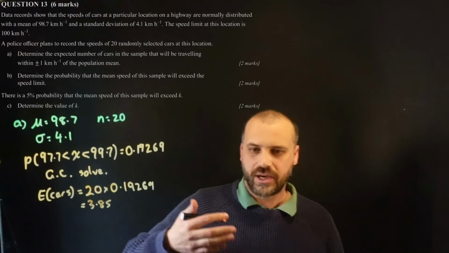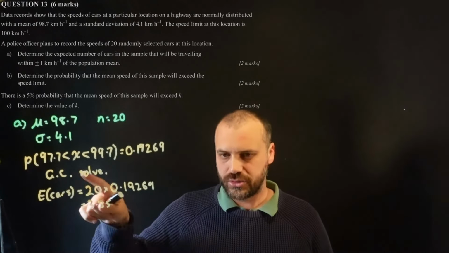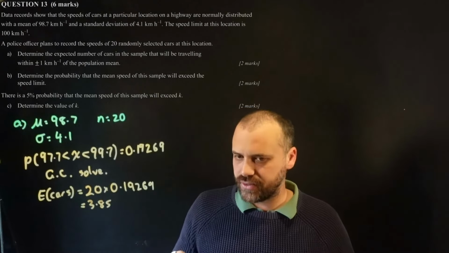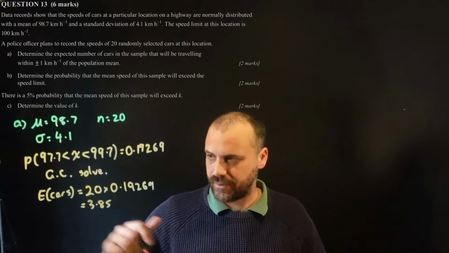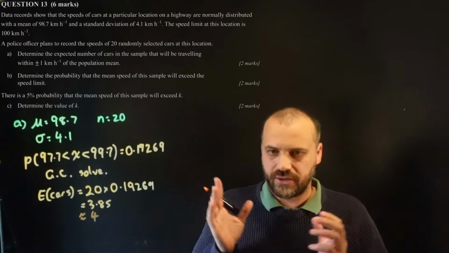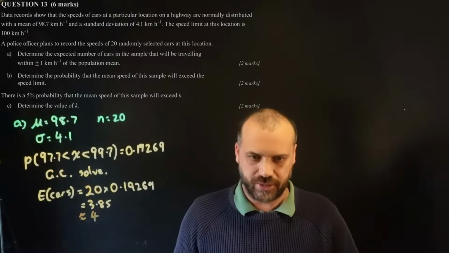We would expect approximately 3.85 cars out of 20 to be travelling at that speed limit. Now, you can't expect 3.85 cars from 20. That's definitely not going to happen. So we expect about 4 cars from those 20 to be travelling within plus or minus 1 kilometre.